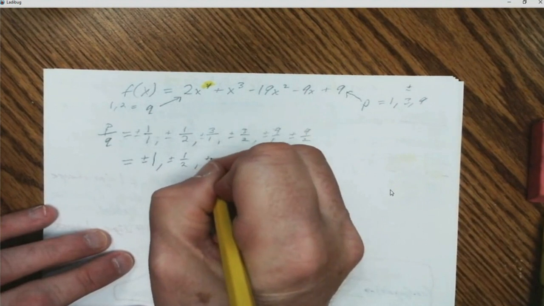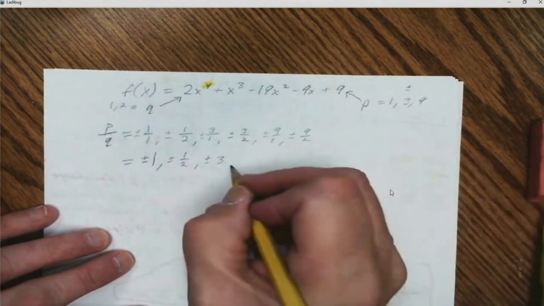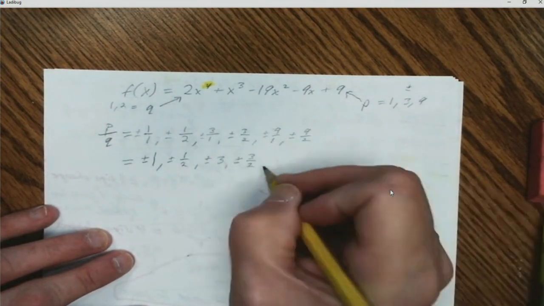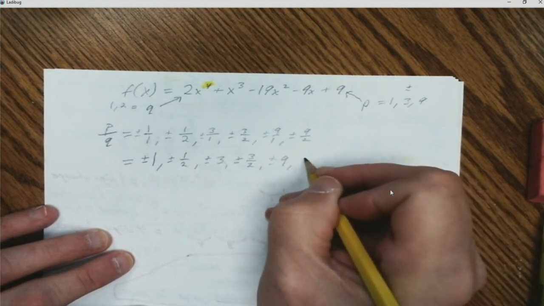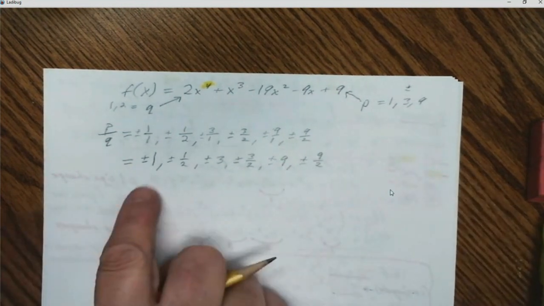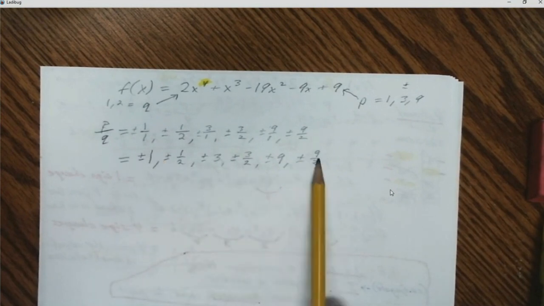Plus or minus 3, because 3 over 1 is just 3. Plus or minus 3/2. Plus or minus 9. And plus or minus 9/2. So there are 12 possible rational roots, rational solutions. And 3 of them are fractions.